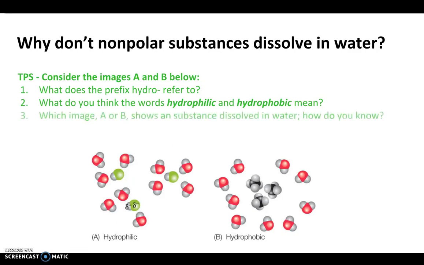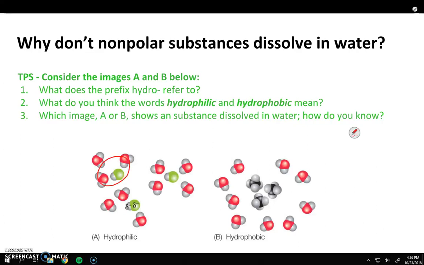So in image B, and in image A, we can say that image A is dissolved in water because the molecules are surrounded by water molecules. And in image B, we can say that it's not dissolved in water because there's no water molecules in between the molecules that are interacting, right?